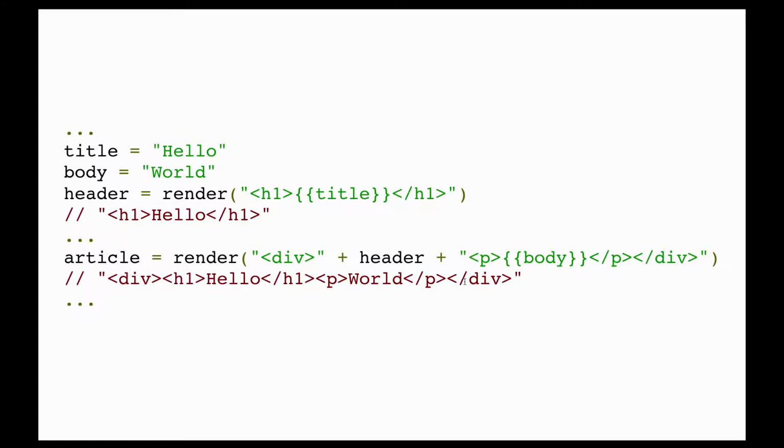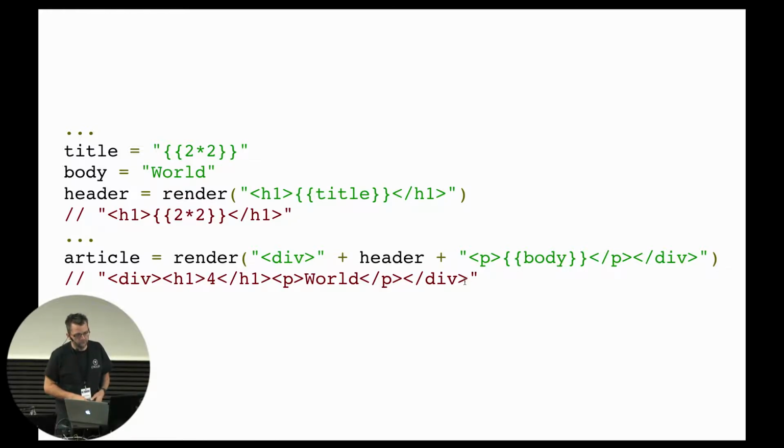But what happens if the title contains a template? So it's provided by the end user in this case. So if the title contains a template, let's say 2*2 in curly braces, it's going to get rendered in the second stage because we're going to double evaluate the first template. So we put it in as title, and then we render that, and out comes a new template.